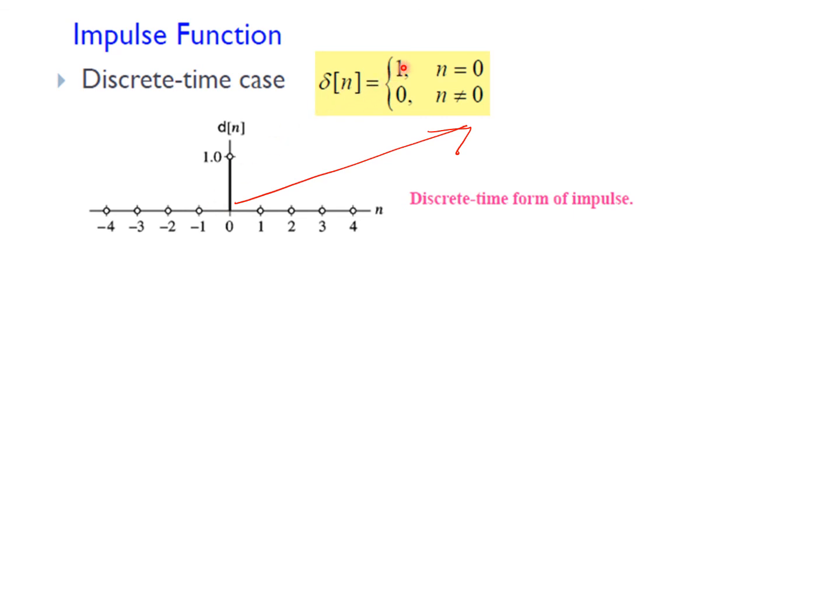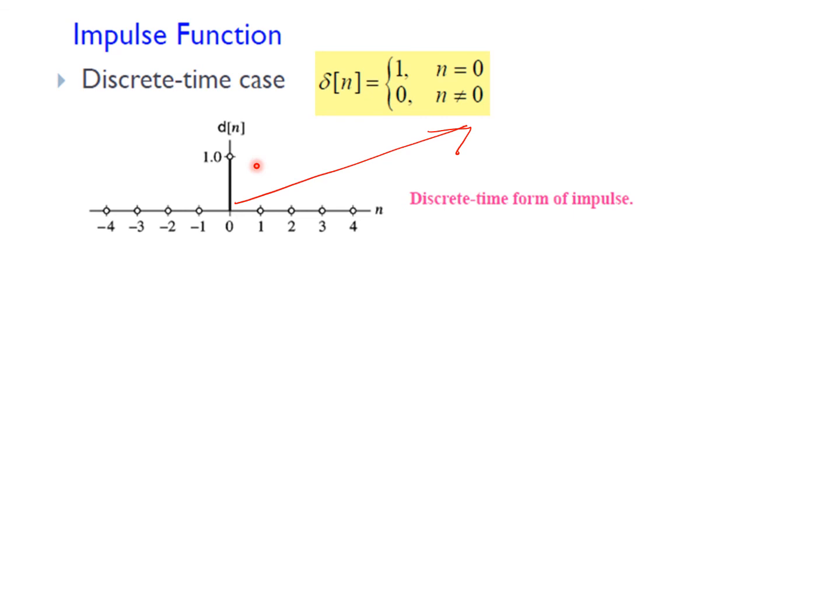Delta n is equal to 1 for n equal to 0, that is, at the origin it is equal to 1, and it is equal to 0 for n not equal to 0. N not equal to 0 means all other values of n other than 0. It is everywhere 0. Even if n goes to infinity, the value remains 0. For n less than 0 also, all the values are 0. This is how an impulse function in the discrete time form is defined. Okay, straightforward, no other discussion required.